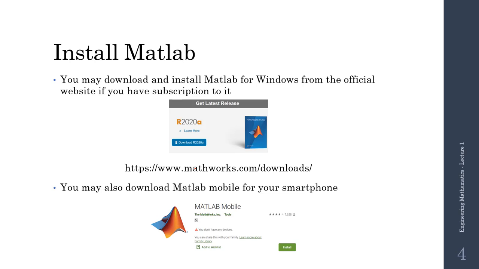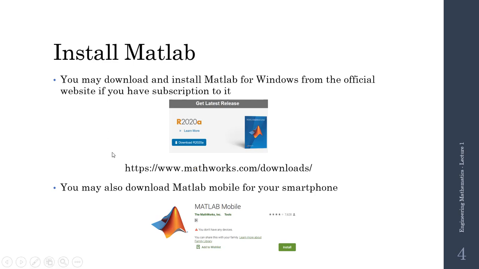How to get Matlab? Matlab is a paid program, but you can download a trial version for your computer to check if it's good or if you need it, and you can download Matlab mobile for your smartphone, or you can use online Matlab. The online version is free and it's enough for our computations during our class. In the faculty's classroom laboratory, you may find computers with Matlab installed and we may use them.